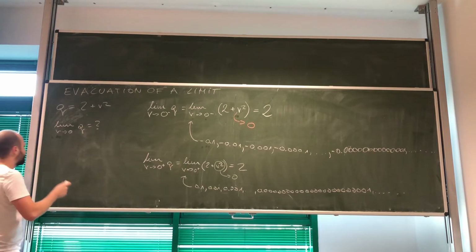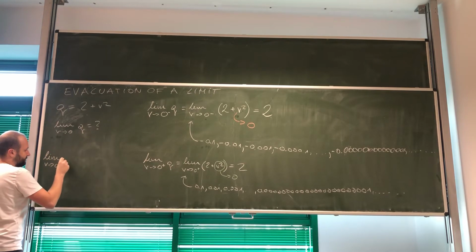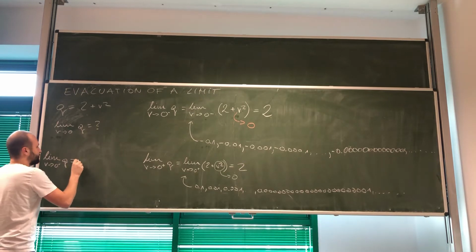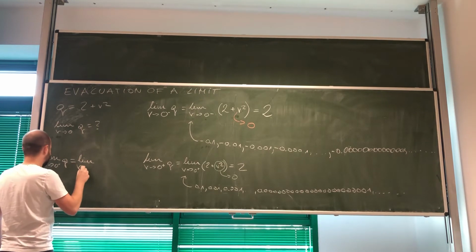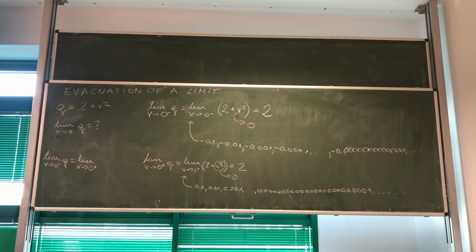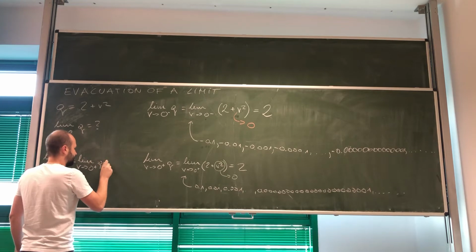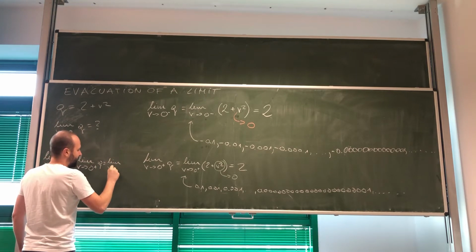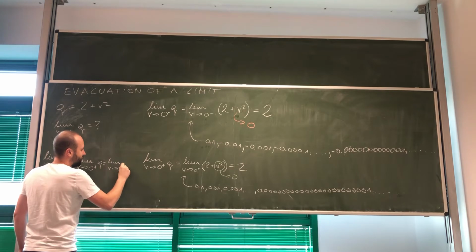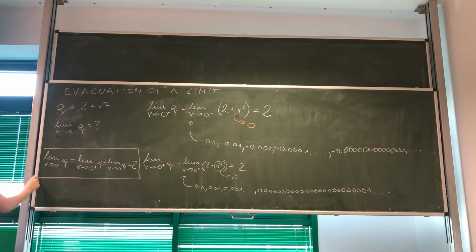Okay, and look, because the left-hand side limit is equal to the right-hand side limit, and they are both equal to a finite number 2, then we can write that the limit with v approaching 0 of q exists, and it's equal to 2.